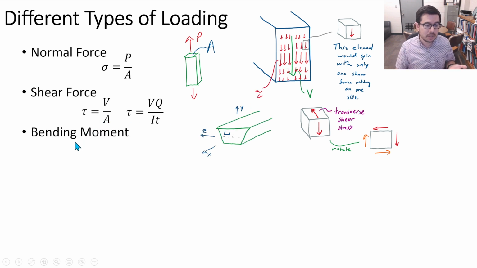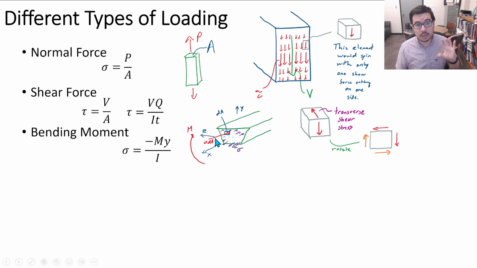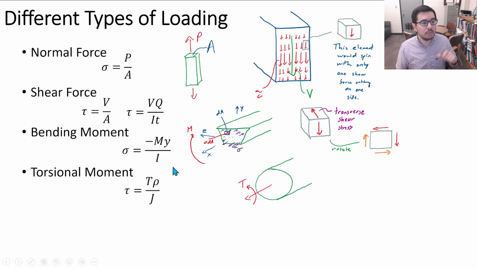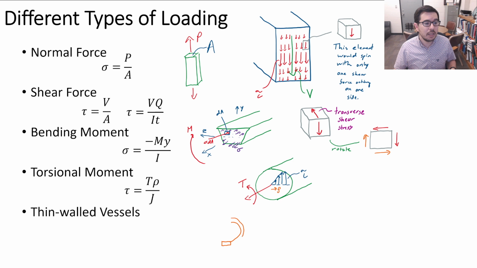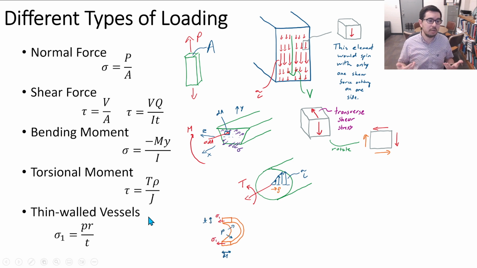We've discussed bending moment and the normal stresses, tensile and compressive, that are usually maximum at the outer surfaces, the top and the bottom of the beam. And we've also discussed torsional moment and how we can think about the torque times the radial distance divided by J. And we've also discussed thin-walled pressure vessels.